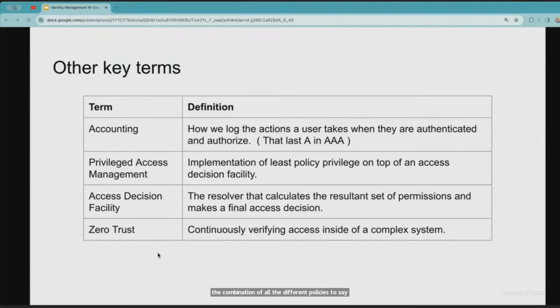And depending on the cloud, that set of steps, the decisions, and the different policies that can beat one thing or another get more and more complex, because we don't just have one policy system often in cloud. We tend to have 2 or 3. And then also zero trust has kind of come into this as we've evolved things, which is this idea of continuously verifying access inside of a complex system.